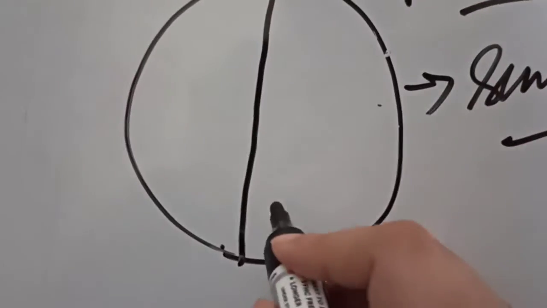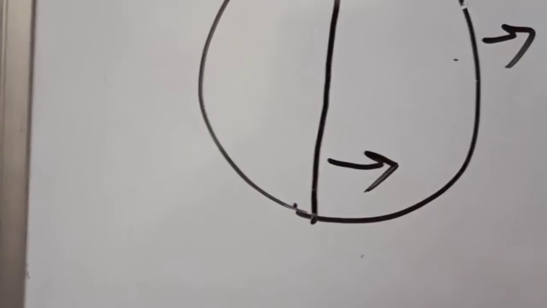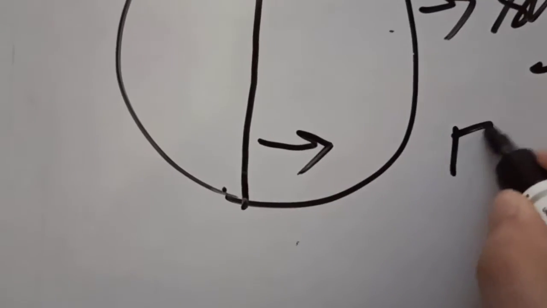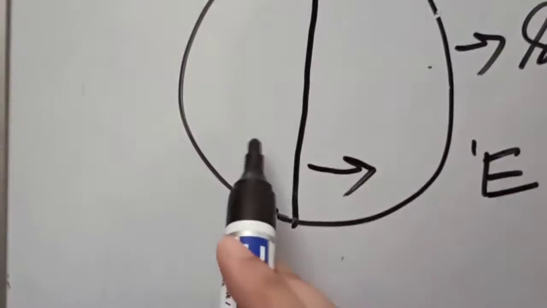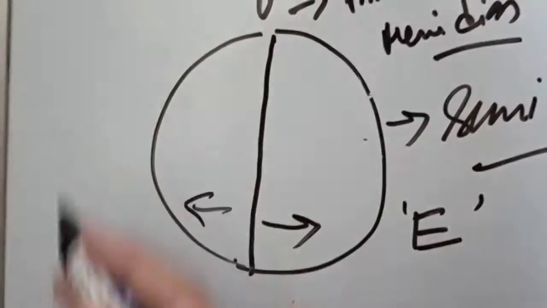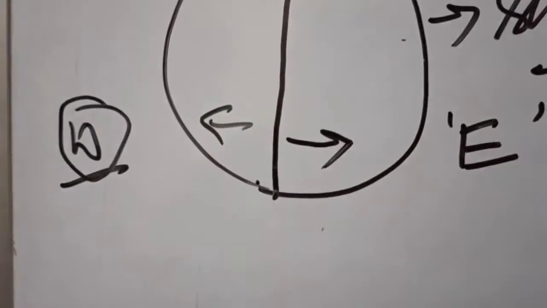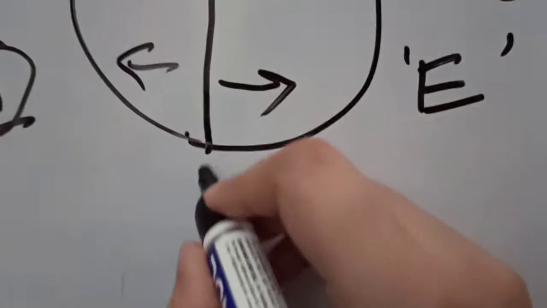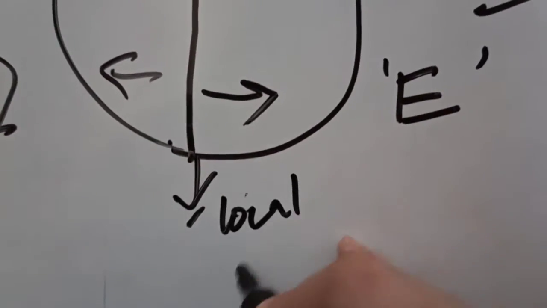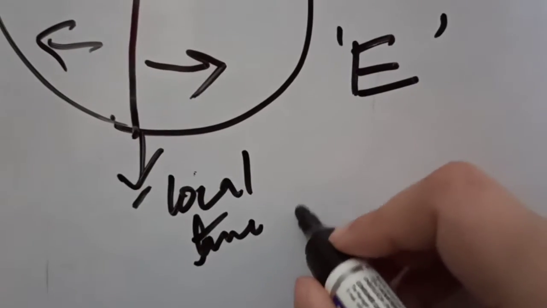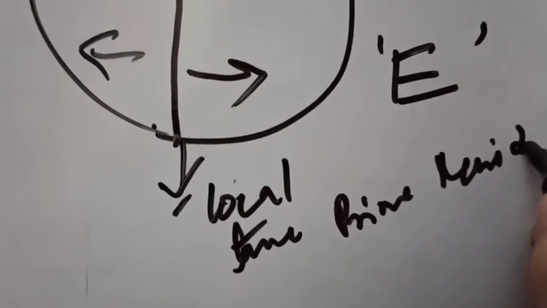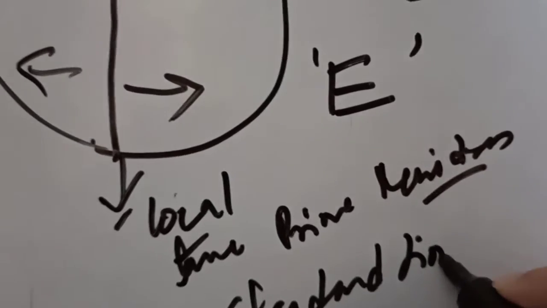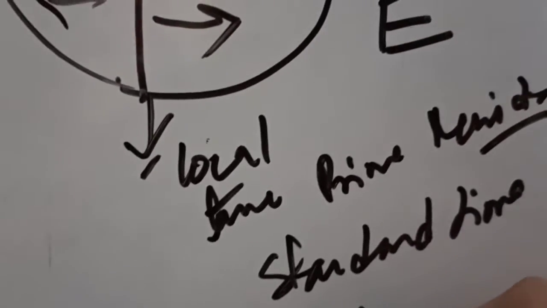The places that are located on the eastern side of the prime meridian are known as the eastern meridian, denoted by the capital letter E, and those meridians located in the western hemisphere, that is the western part of this prime meridian, are denoted by the capital letter W. And the local time of this prime meridian is also considered as the standard time for all over the world.